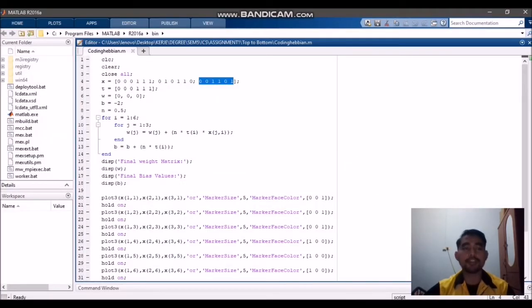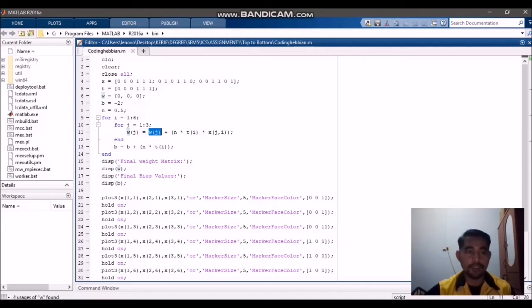Then for our target, I use 0, 0, 0 and 1, 1, 1, where the randomized weight is 0, 0, 0, and the bias is -2, and the last one is the learning rate, which is equal to 0.5. Here, the Wj means this is the formula for weight.